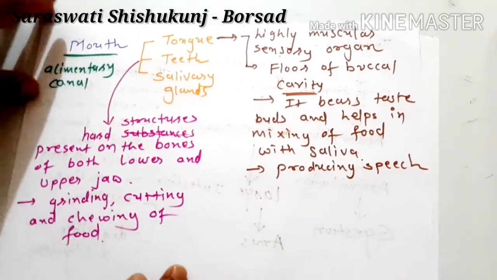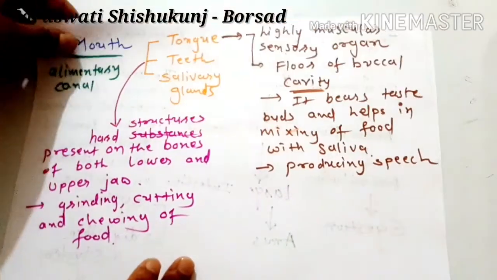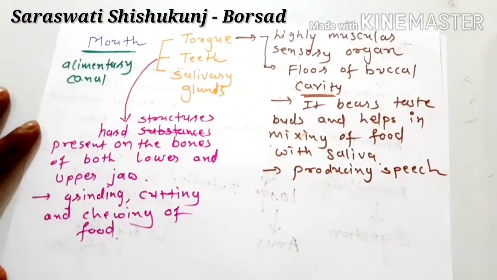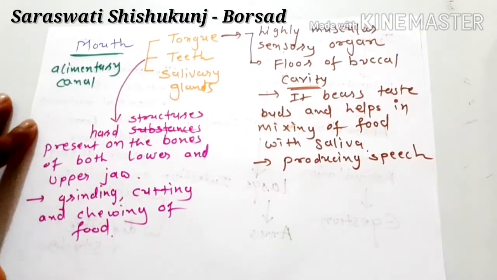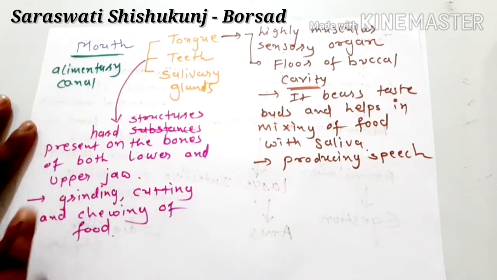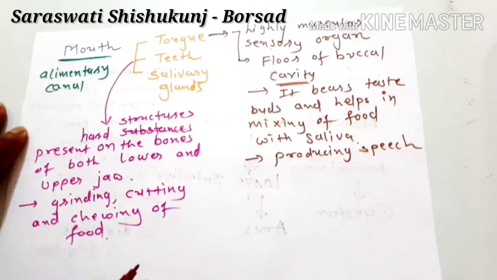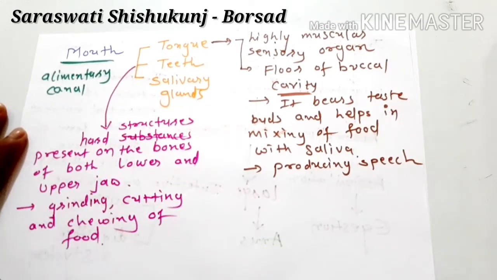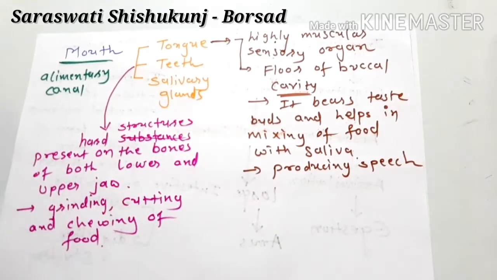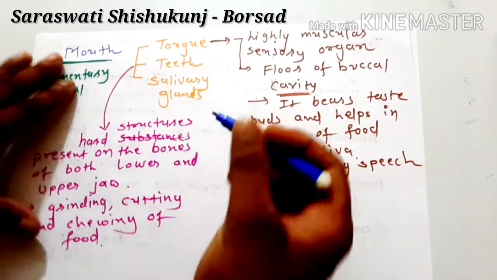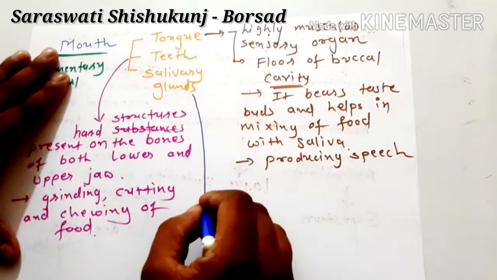We will study this in detail in higher standards, but right now we understand that the teeth we have are used for grinding, cutting, and chewing of food. So in the mouth we have the tongue, teeth, and now the third one, the salivary glands.